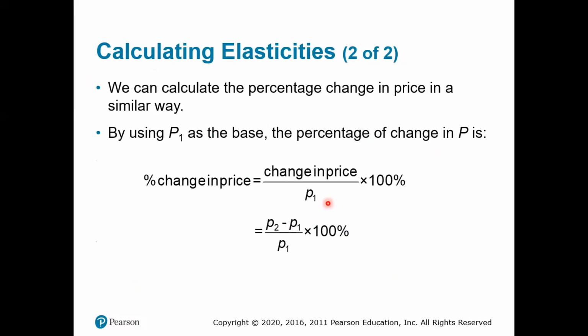Whenever you divide dollars by dollars, you get a number without units. And that's where we lose our units, and it makes the answer unit independent, which is the feature that we wanted for the elasticity. However, this percentage change in price and the percentage change in quantity before it are highly sensitive to this P1 value.